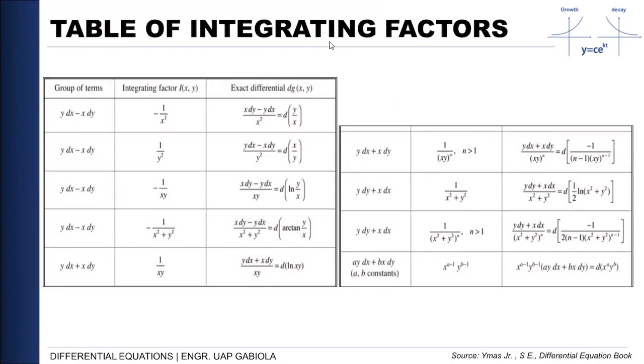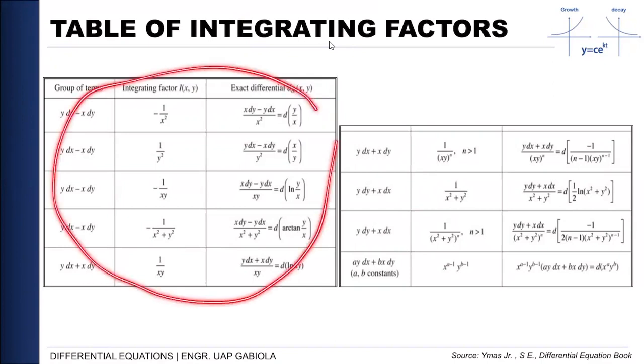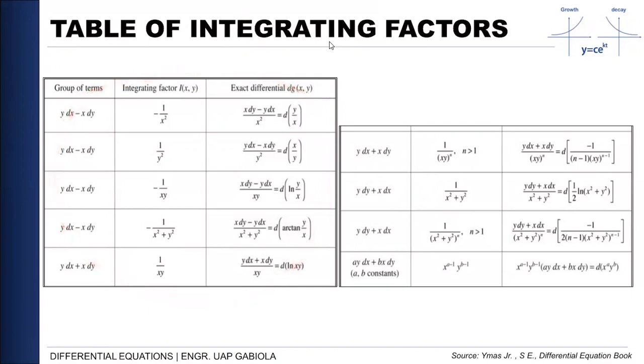If you want to be better at solving differential equations, you should memorize this, but I am not obliging you to do that. Maybe just focus on these five rows or five items, and for the rest, we can go back to the table if we need values pertaining to the exact differential.